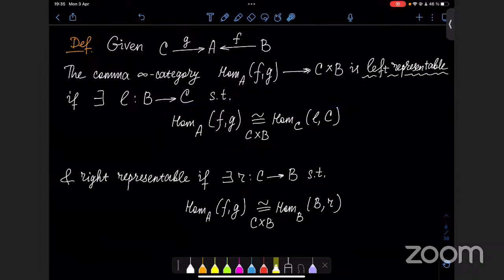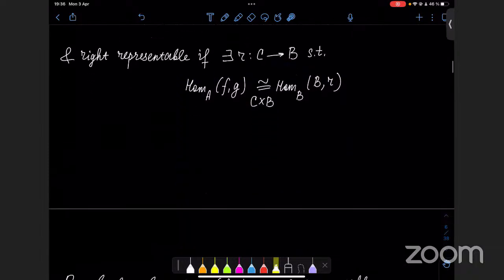It means that this comma object is represented by this L. And right representable in the case when there exists R such that you have the following dual isomorphism.